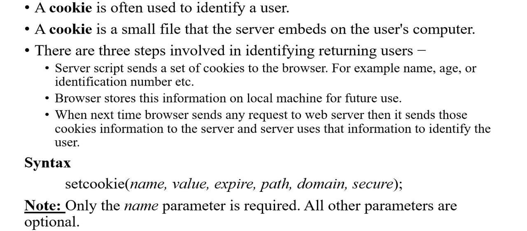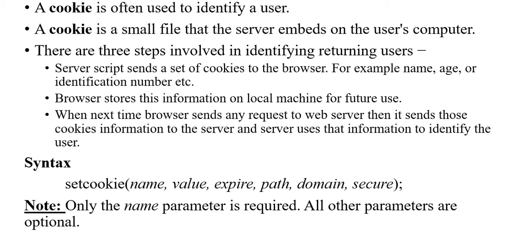Why do we use cookies? A cookie is often used to identify a user. A cookie is a small file that the server embeds on the user's computer. Each time the same computer requests a page with a browser, it will send the cookie too.